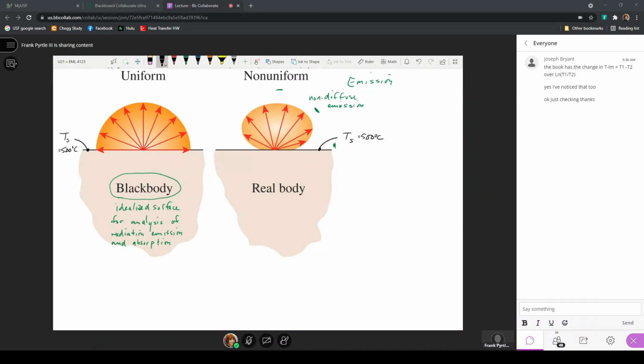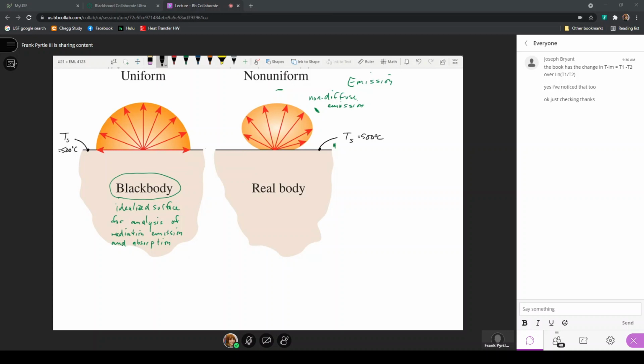Now, that makes it an idealized body. The black body surface can be compared to a real body, and it becomes the standard that is used for the determination of the radiative properties of a real surface.